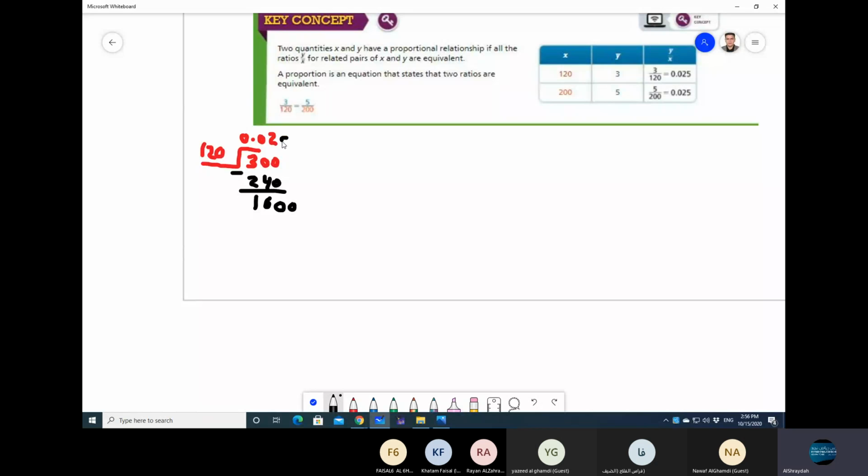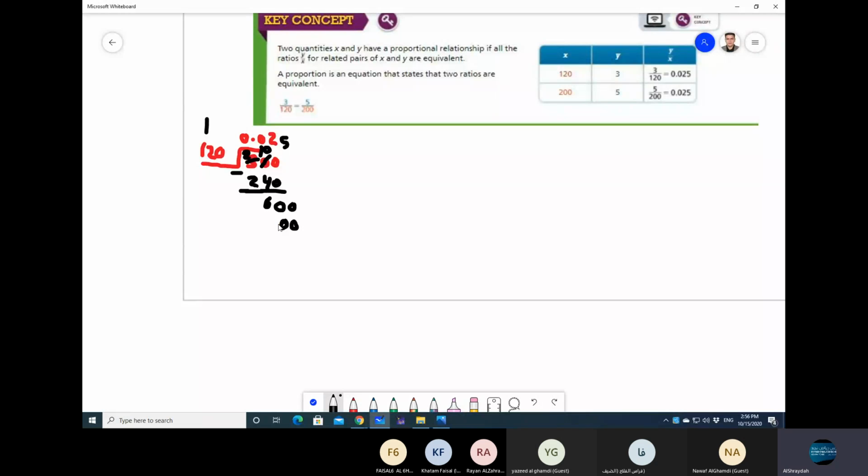Here it's not 160, it's 60, because here it will be 10 and here it will be 2.